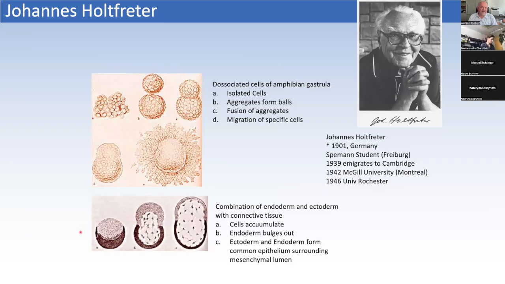And in a most courageous experiment, he isolated ectoderm, endoderm, and also connective tissue cells and put them together. And then the cells sort out. So the ectoderm bulges out and the connective tissue cells are in between and form a three-dimensional cell culture that has a certain structure. And if you want, this is the first organoid that has been generated.